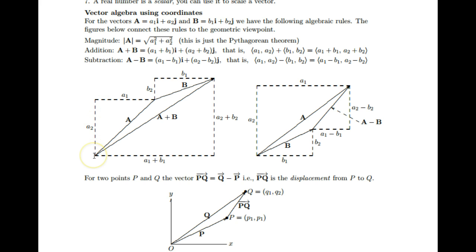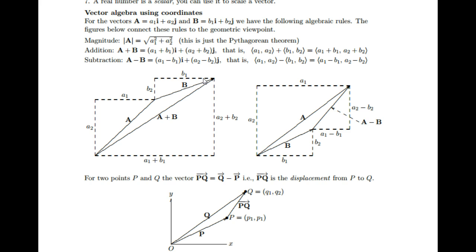This is our j component, right? A2 times j this way, and A1 times i this way. So A1 i plus A2 j gives us A, right? And then with B, here's our tail of B and our head of B. So we go B1 times i, B2 times j to get B, right?